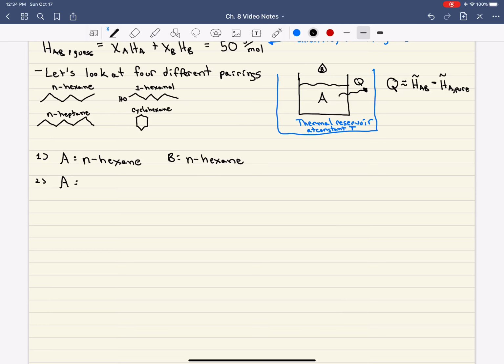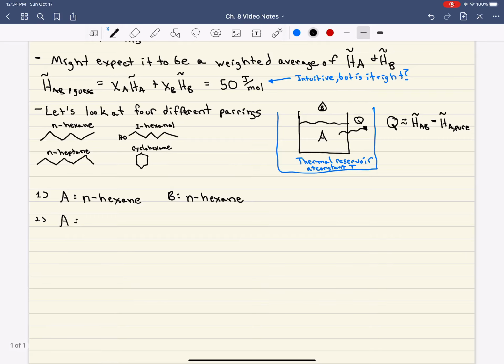And so, if one goes out and measures the HAB there, in units of joules per mole, what you would find is that the HAB would also just be equal to 50 joules per mole. And that makes sense because you're taking a pure component A and you're just adding in the same chemical back to it, so there's going to be no change there.